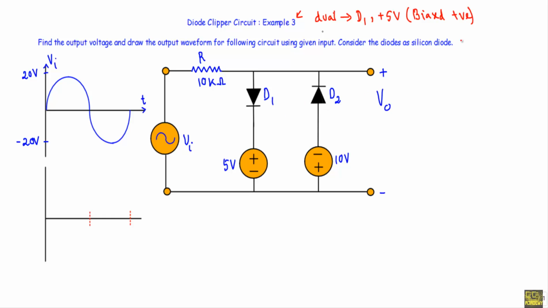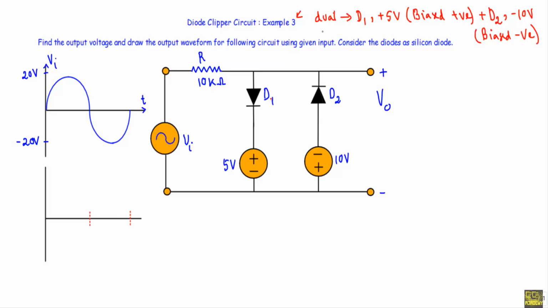And the diode D2 and this minus 10 volt source will form biased negative Clipper. As we have both biased positive and biased negative Clipper circuit, this will be combination Clipper circuit.